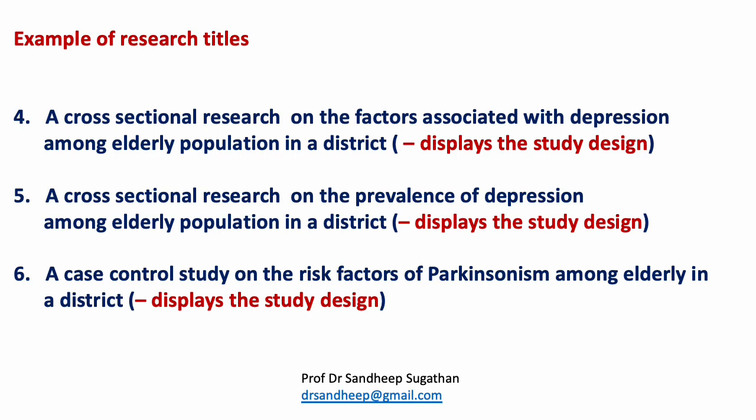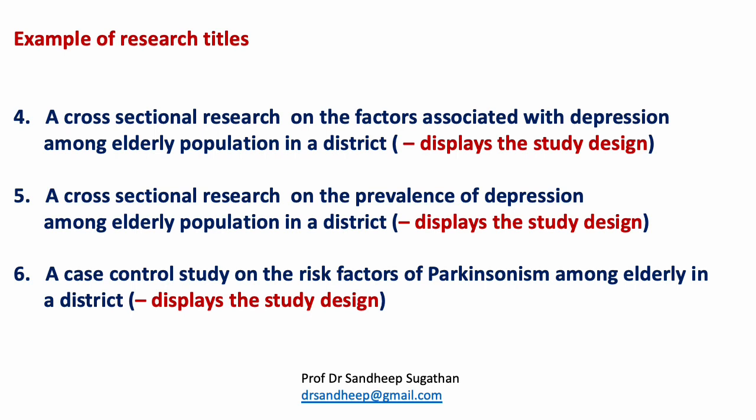Another title: a cross-sectional research on the prevalence of depression among elderly population in a district. It shows the study design, cross-sectional research, and it shows estimation also. The purpose of this study is estimation of prevalence of depression.